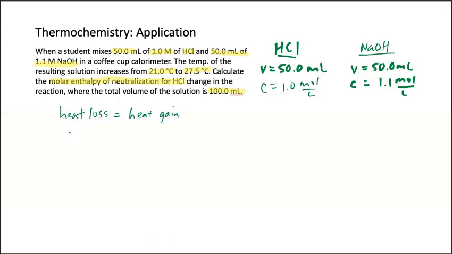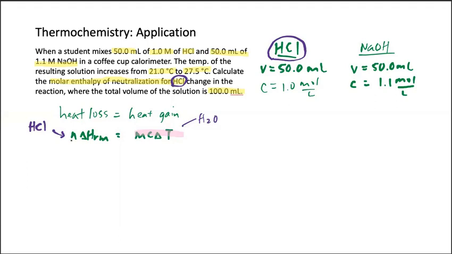And that would be n delta H_rxn equals mc delta T. That would be the water component, H2O. And we need the molar enthalpy of neutralization for hydrochloric acid. So we don't care about the NaOH. So that's the HCl part.